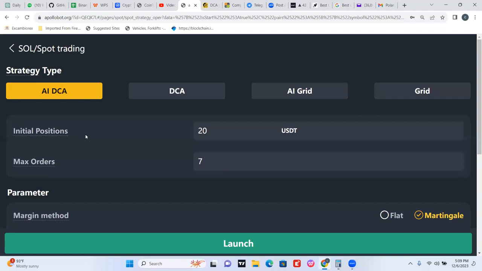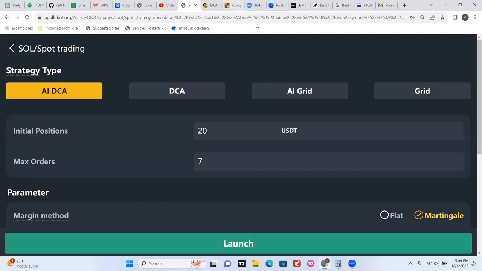Now the AI DCA ensures that you are in the market 24/7, trading stable coins. Okay, you see some coins, you want to trade them, not just trade them, you also want to accumulate them. When these coins are dropping, you are also accumulating them bit by bit.